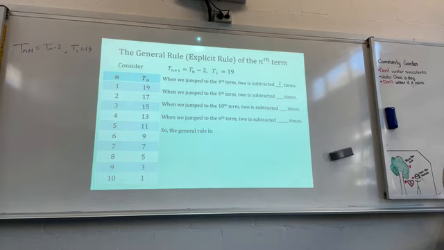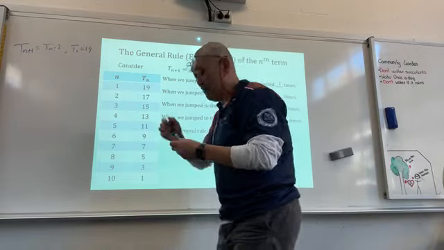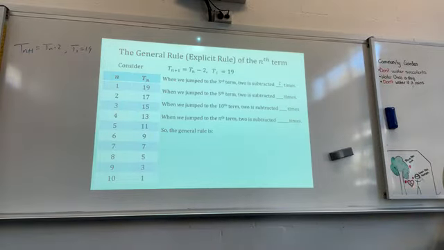Correct? Do you agree with what I'm doing now? So here, when we jump to term 3, 2 is subtracted. I've revealed the answer twice because, see, in term 3 here, you have already taken away 2 once, twice. Correct?